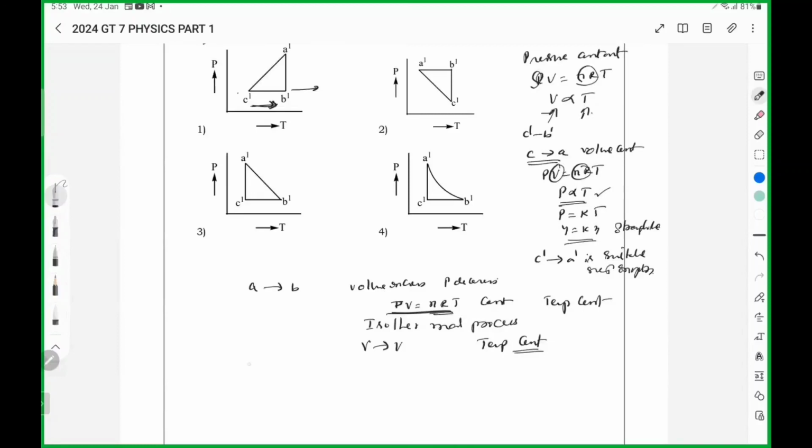So I want to establish a relation between P and T. Temperature is constant, PV equals nRT.